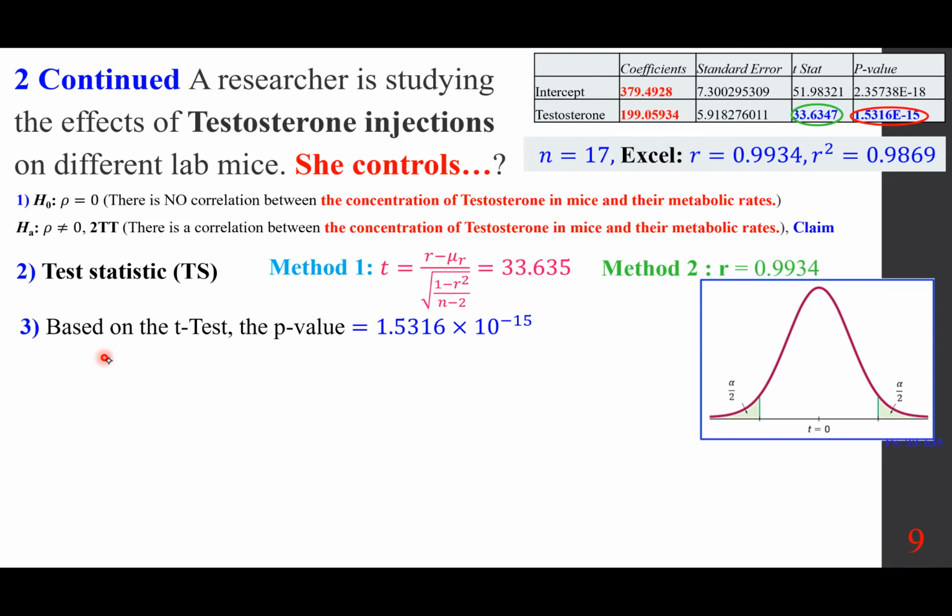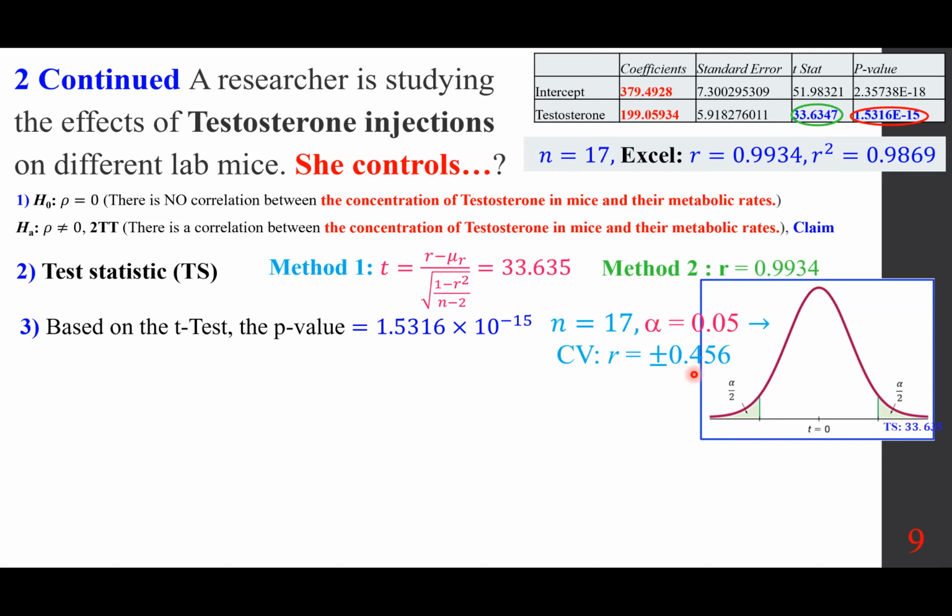So if we are looking at this test statistic, it's way into the rejection region, because with n equals 17, alpha equals 0.05, R is plus or minus 0.456.